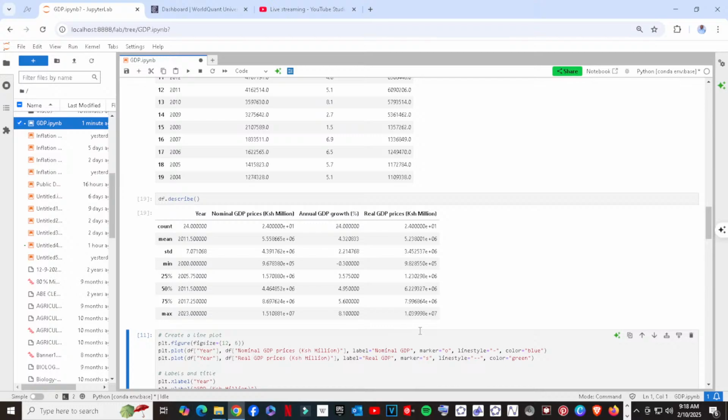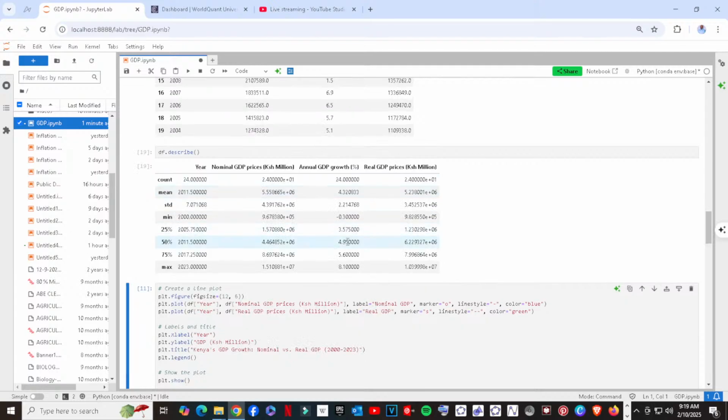Now that has allowed us to get some descriptives about, say, the nominal GDP prices, annual GDP growth, and real GDP prices. I just want to go quickly over the statistics. My duty is to give the statistic and give an interpretation of the same.